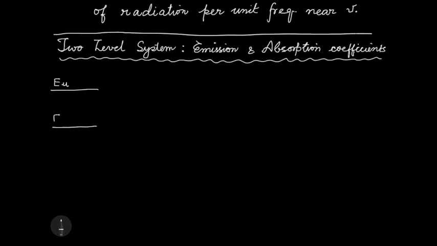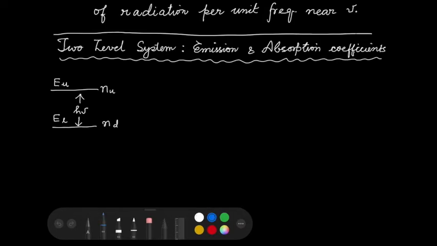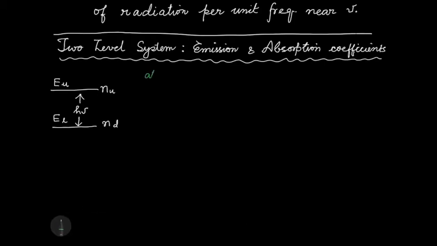So let me remind you what is a two-level system. I have these two levels, energy upper level and energy lower level, with difference h nu, and number densities for each. Three different types of processes can happen.